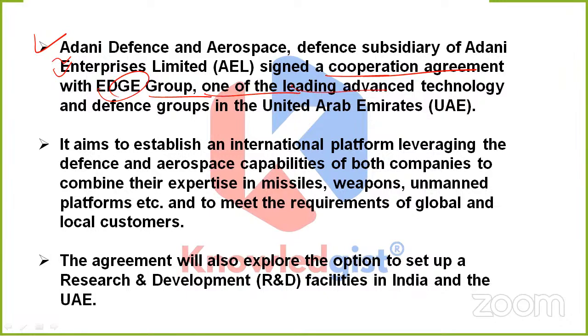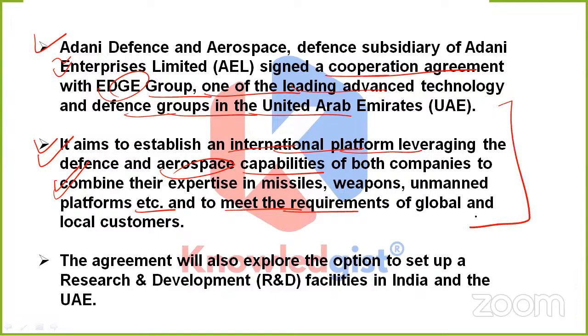It is one of the leading advanced technology and defense groups in the United Arab Emirates. And friends, it aims to establish an international platform leveraging the defense and aerospace capabilities of both companies, to combine their expertise in missiles, weapons, and manned platforms, etc., and to meet the requirements of global and local customers at the same time.